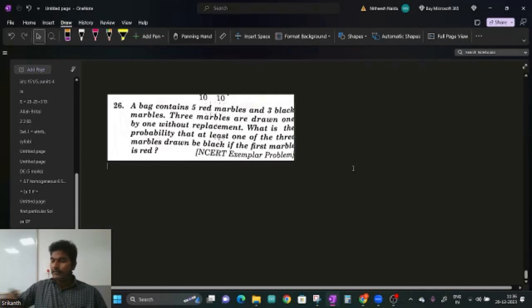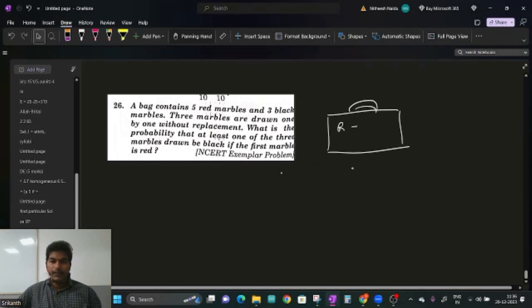A bag contains 5 red marbles and 3 black marbles. How many marbles have to be selected? 3 marbles have to be selected, one by one without replacement.